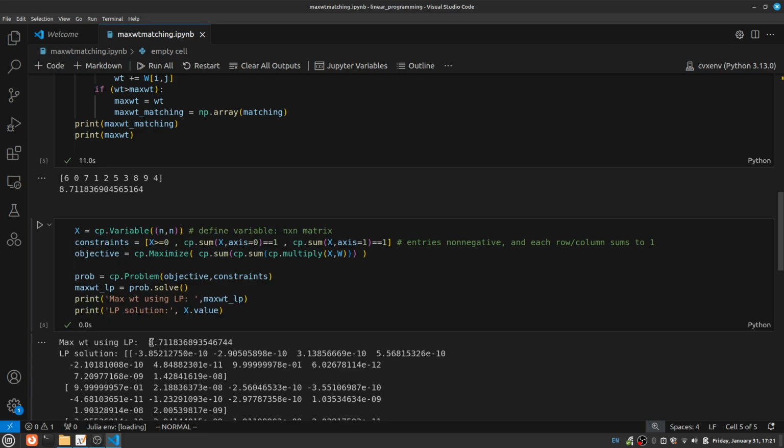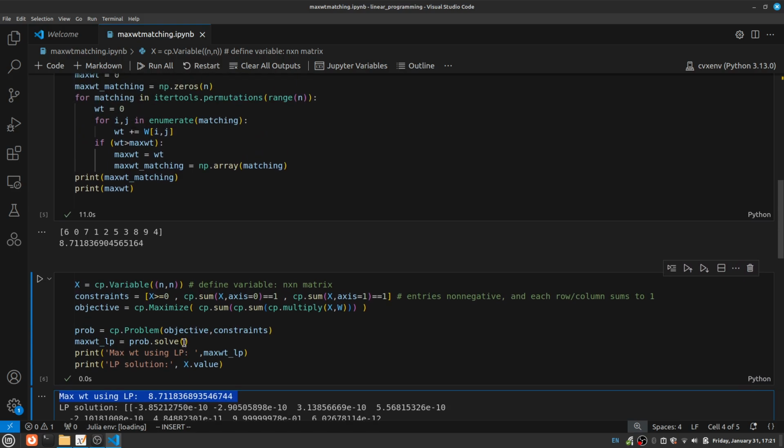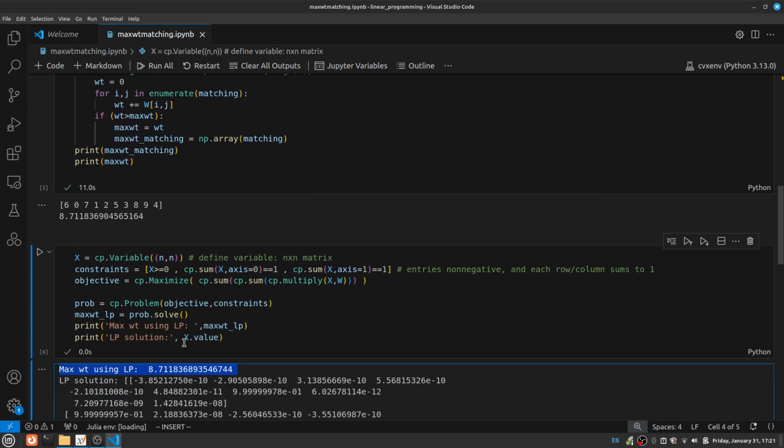But what about the maximum weight that I got using the LP? Forget about the last few digits, but at least up to the first 4-5 digits after the decimal point, it's exactly the same, right? And it's a fraction of the time that my brute force approach took.